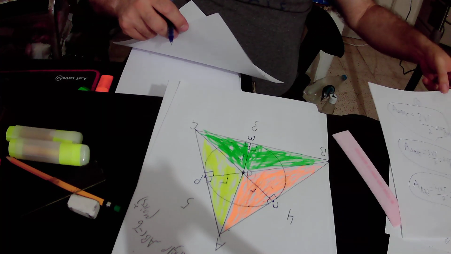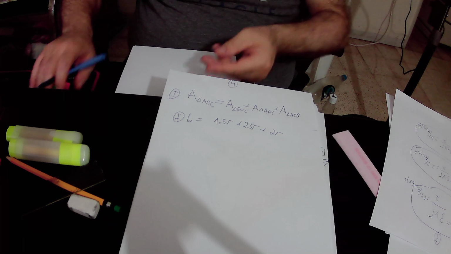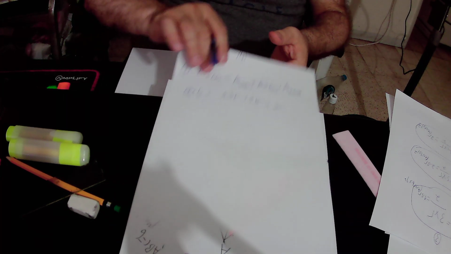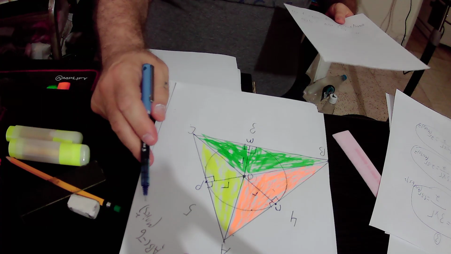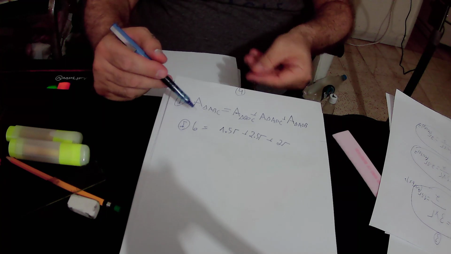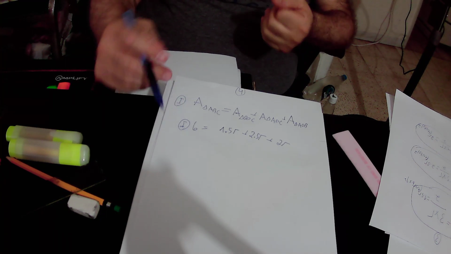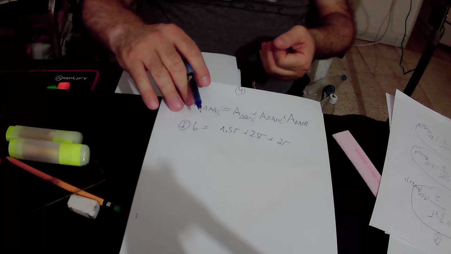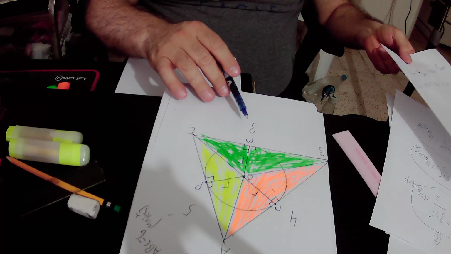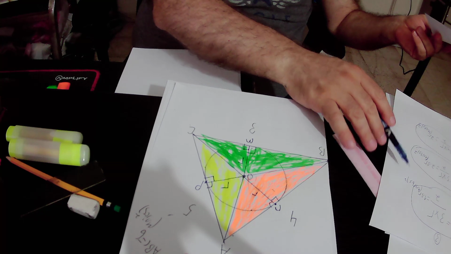I will repeat again. The area of the big triangle ABC is given to us in the question, and we know that it equals 6 units squared, and the area of triangle BOC, the green triangle, equals 1.5 r units squared.